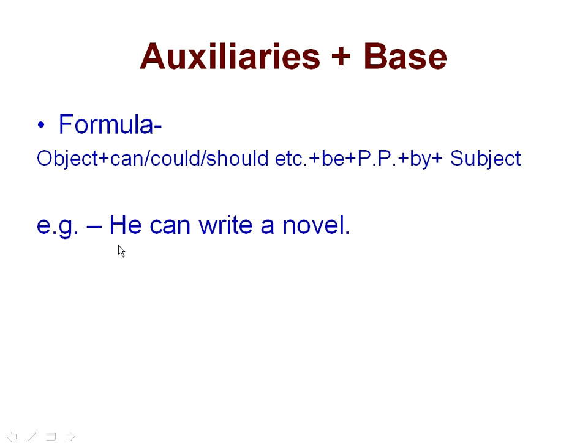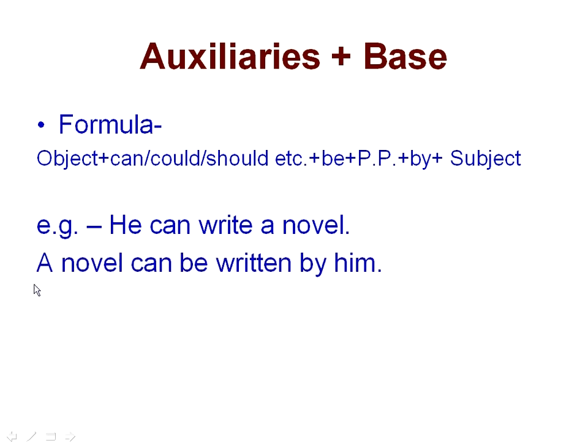For example, he can write a novel. In this sentence, can is an auxiliary verb. When there is an auxiliary verb, we have to use be after the auxiliary verb. The answer is, a novel can be written by him.